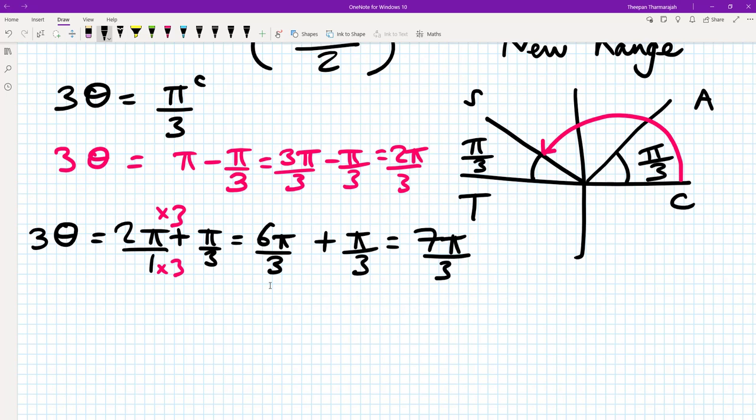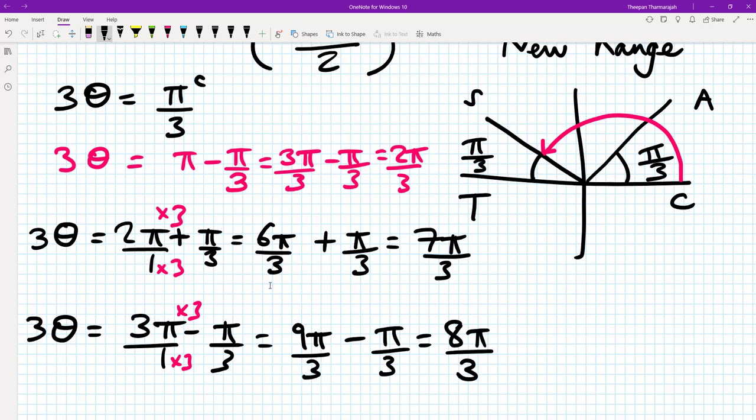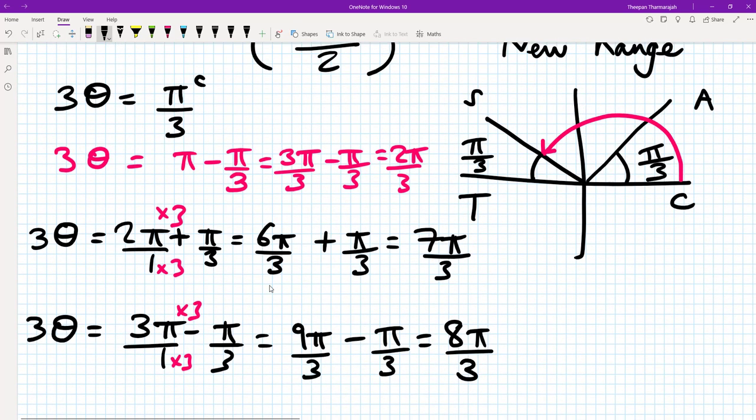And then your next solution is going to be 3 pi minus pi over 3. Again, same thing as before. So we're going to times that by 3 here, times that by 3 here. So I get 9 pi over 3 minus pi over 3, and that's going to give me 8 pi over 3. Then what we're going to do is go round the cast diagram twice.